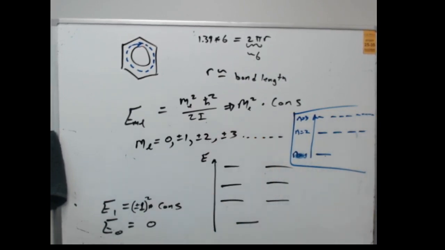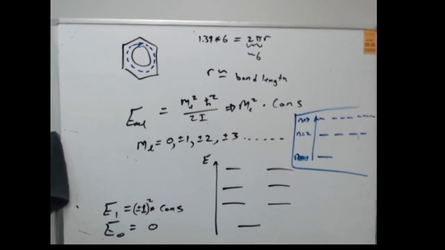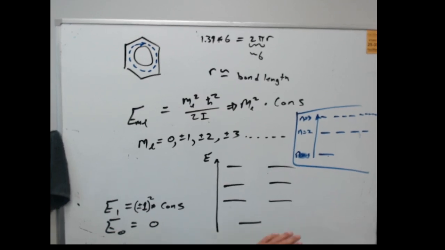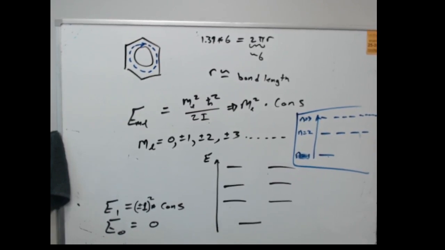Nothing we did up to that first point made a change in the energy besides the N value. N equals 1 had no degeneracy. N equals 2 ended up with 1, 2, 3, 4 degenerate states. N equals 3 ended up with 9 degenerate states. Right? 9 states where we couldn't tell the difference between the energies.